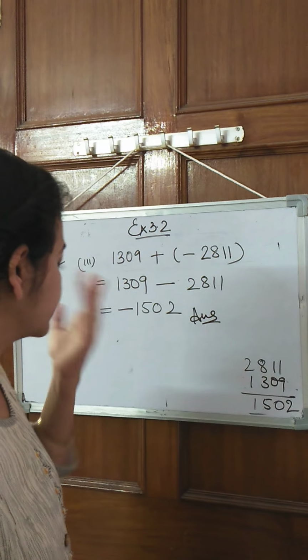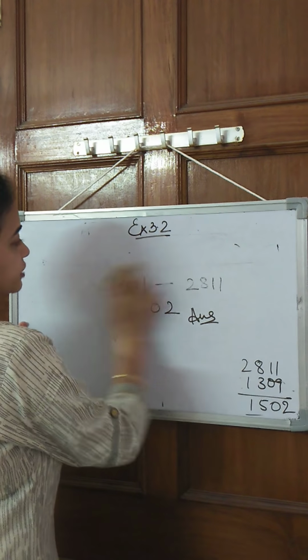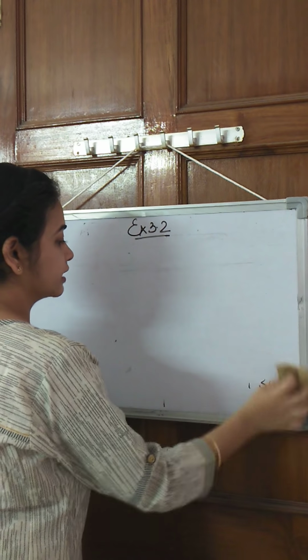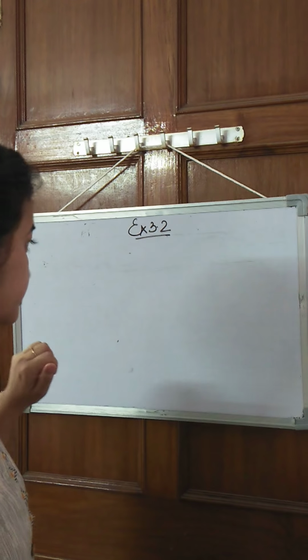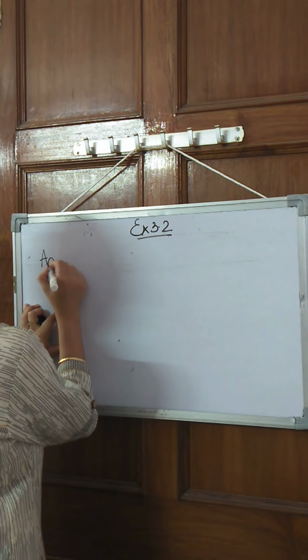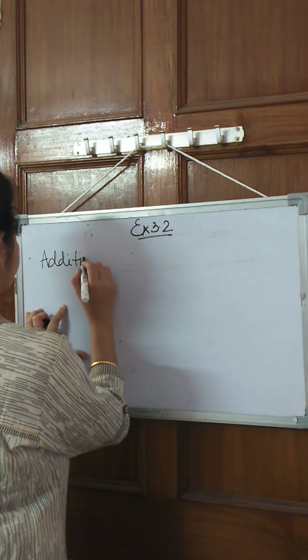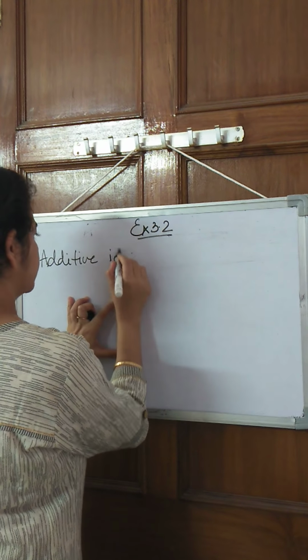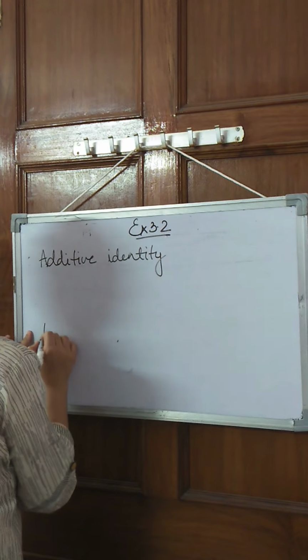Now there are two more things with addition or subtraction of integer, that is additive identity and additive inverse. There are two things that we study, and in your exercise also you have these two terms, additive identity and additive inverse.